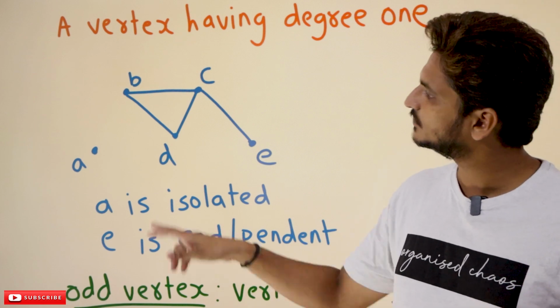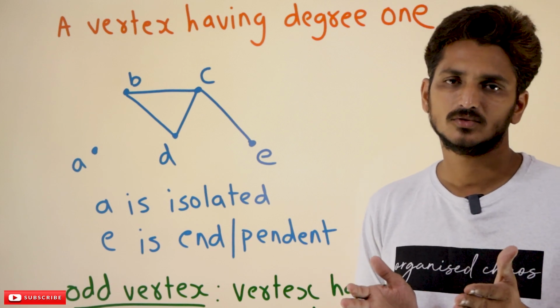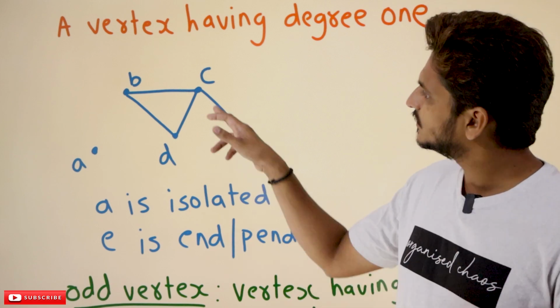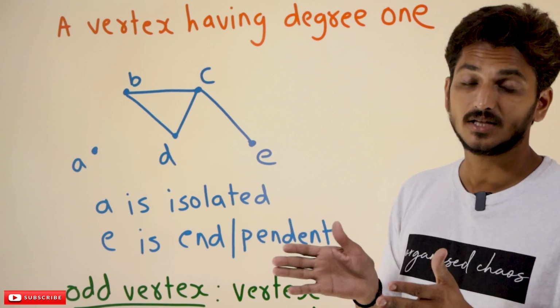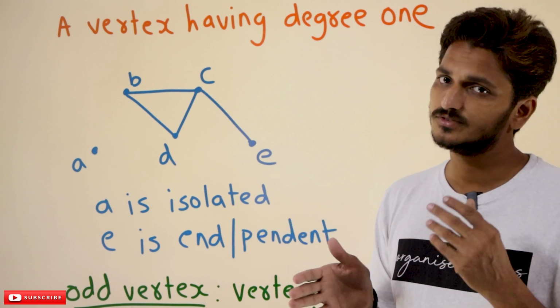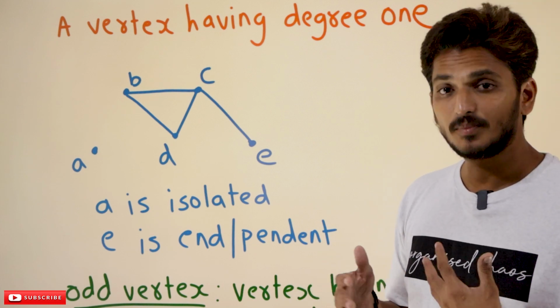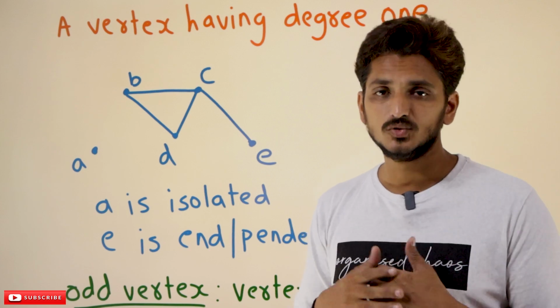It's an even vertex because it has 2 edges incident with it. So the degree is even. Similarly, C has 3 edges incident with it. So the degree of C is 3, which makes it an odd vertex. These are the basic terminology which we are going to use in graph theory.